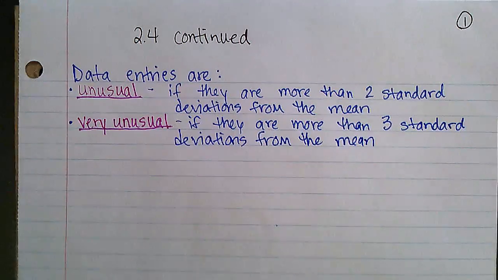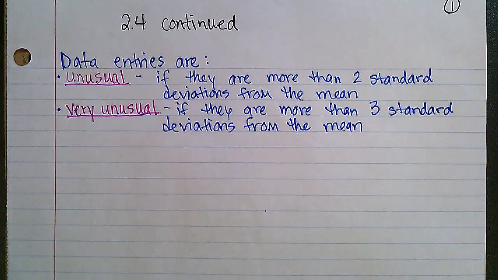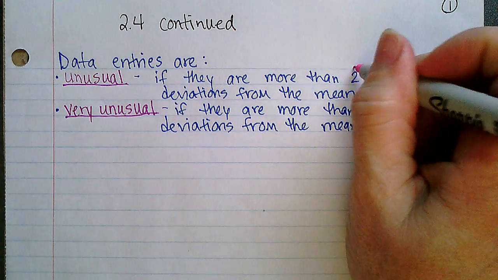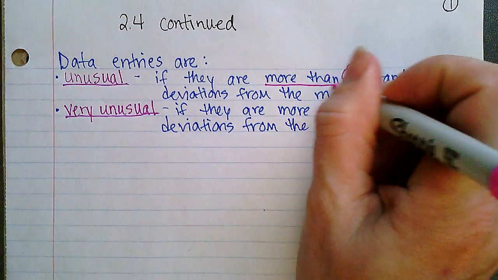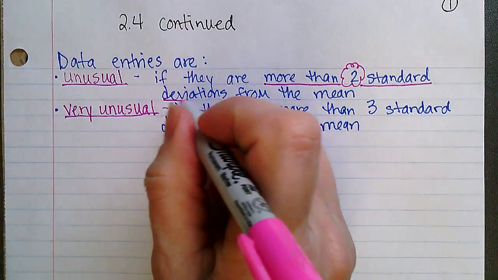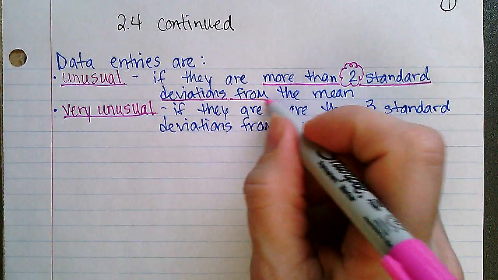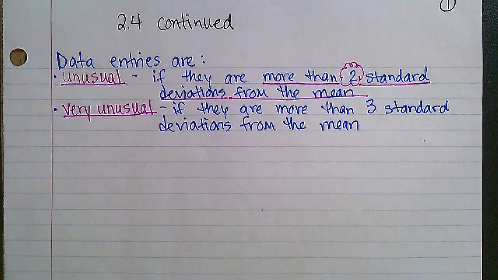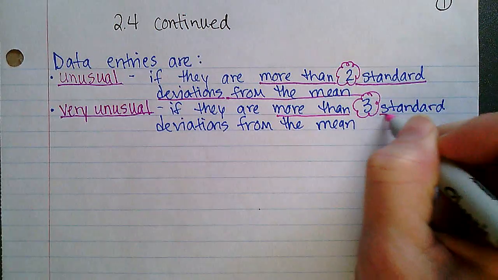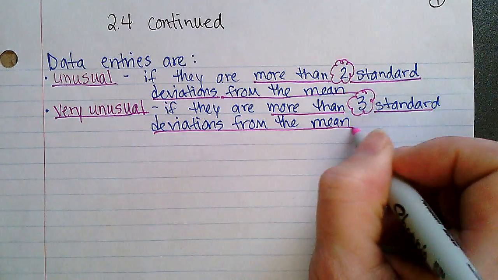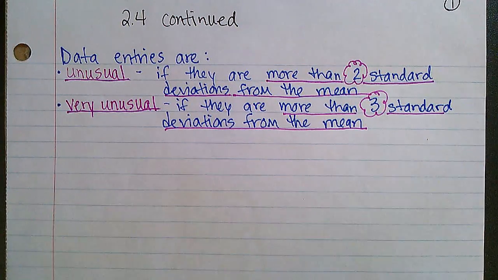So these are concepts, guidelines that we're going to use for the future as well. So keep in mind, data entries are unusual if they are more than 2 standard deviations from the mean, very unusual if they are more than 3 standard deviations from the mean. And remember, that can be above or below.